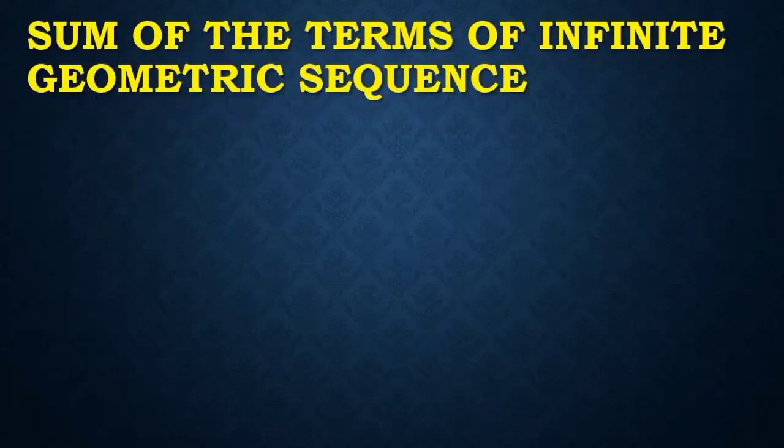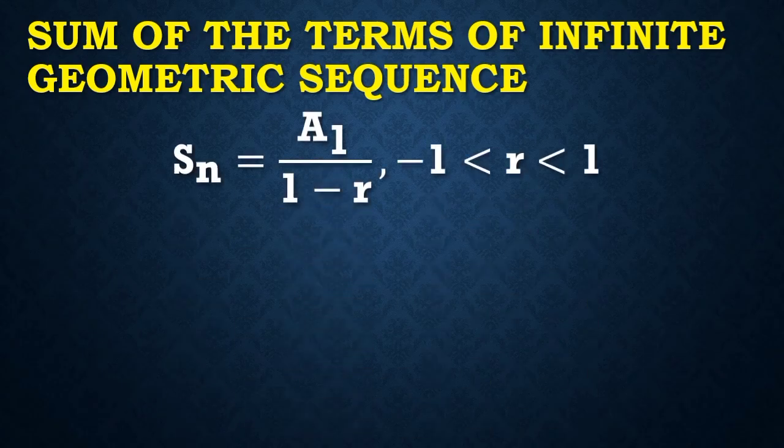So the formula for the sum of the terms of infinite geometric sequence is S sub n is equal to a sub 1 all over 1 minus r. And then, meron siyang condition dito wherein r is less than 1 but greater than negative 1. So, ibig sabihin, yung mga values or numbers sa pagitan ng negative 1 tsaka 1, yun lang ang pwedeng maging common ratio.